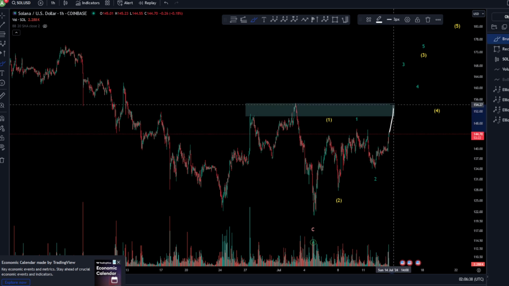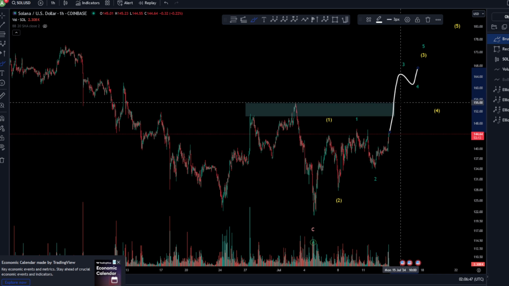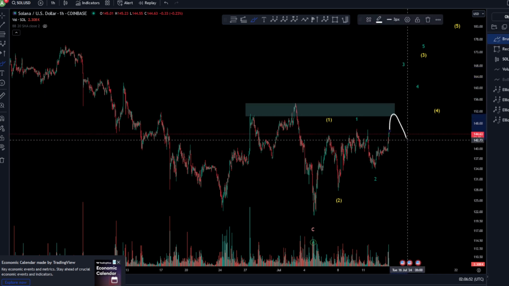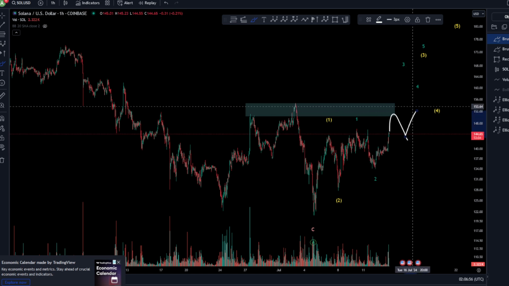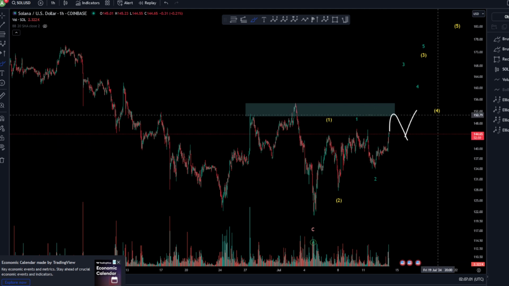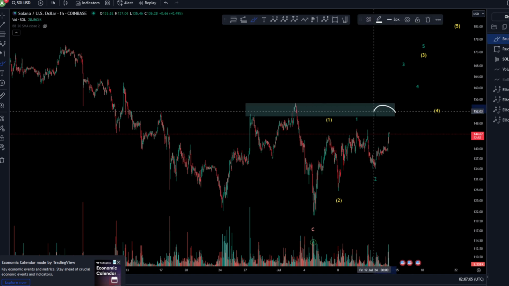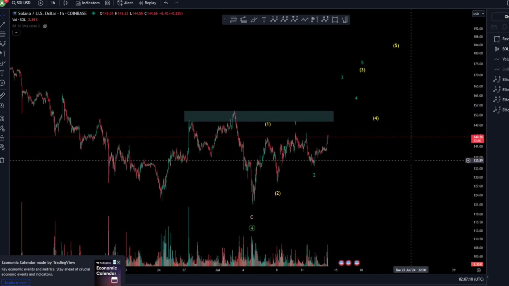If we break this, that would be a very good sign for a continuation to a wave 3, then 4, then 5. If we come back down, then I think we have to retest, of course, and consider this as a triple 1 again, all right? So like triple 1, 2. So yeah, be careful and watch the resistance, and we'll see what's gonna happen in Solana.